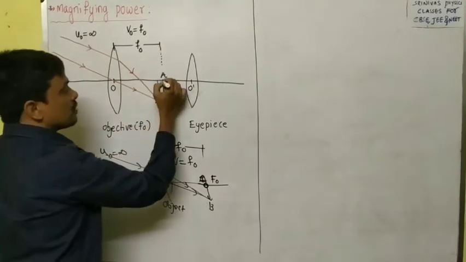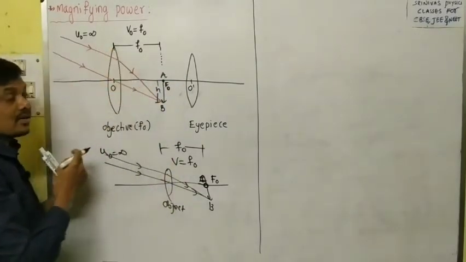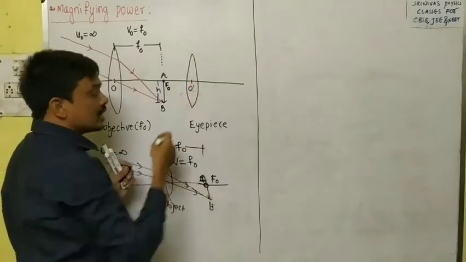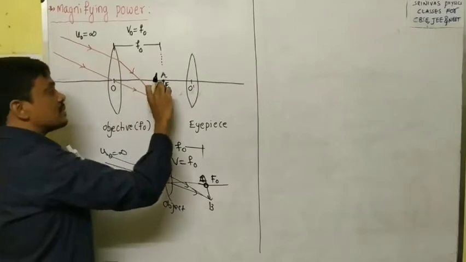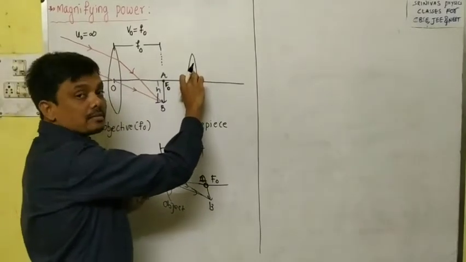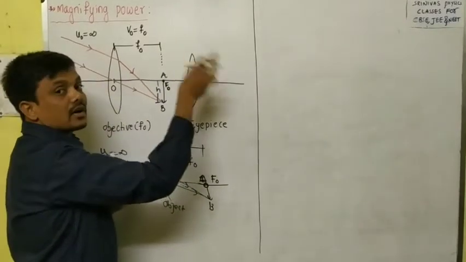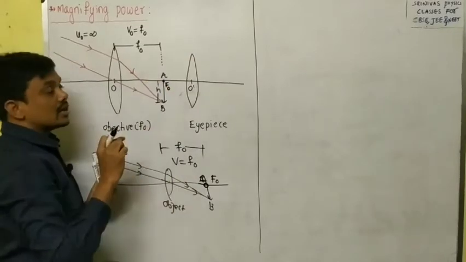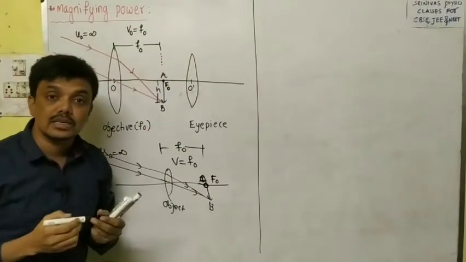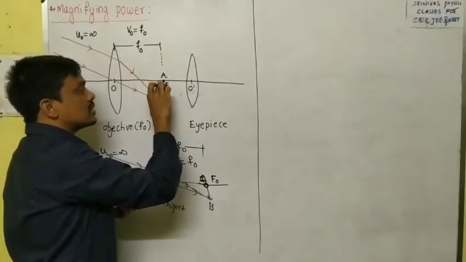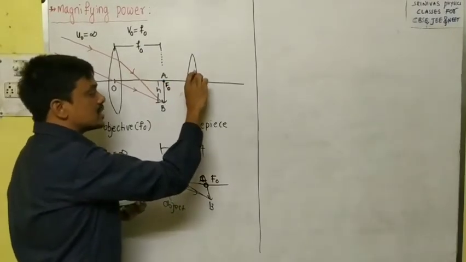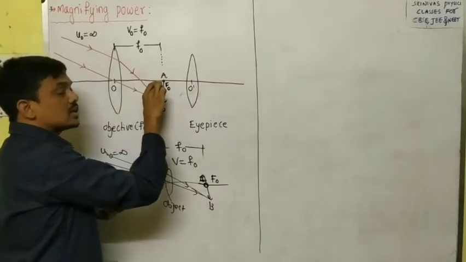The image formed by the objective lens will act as the object for the eyepiece. This is the image formed by the objective lens. This image acts as the object for the eyepiece. Then this eyepiece forms the image of this object. Then where is the image? The location of the image of this object formed by this eyepiece depends upon the position of the object.